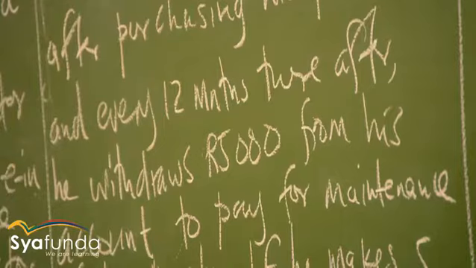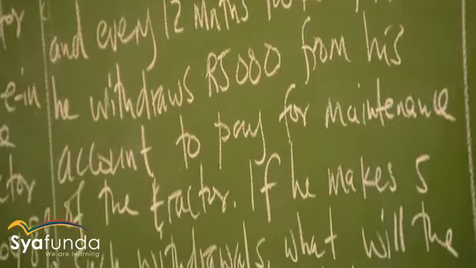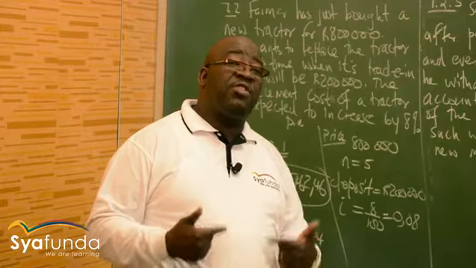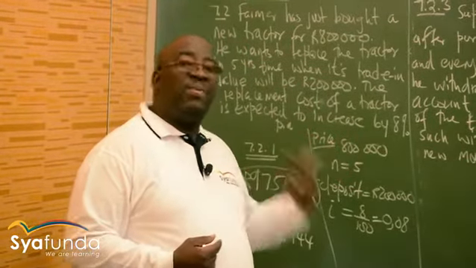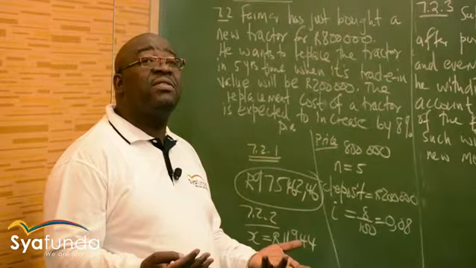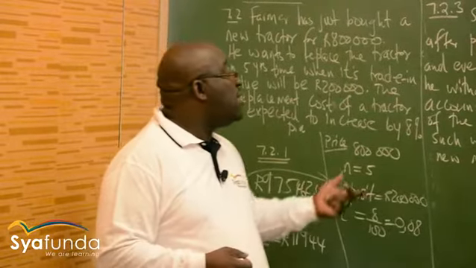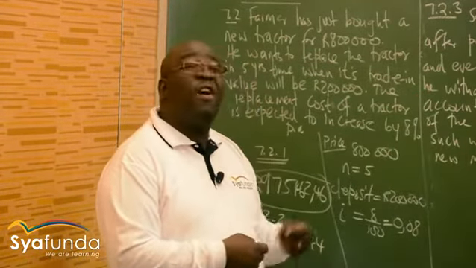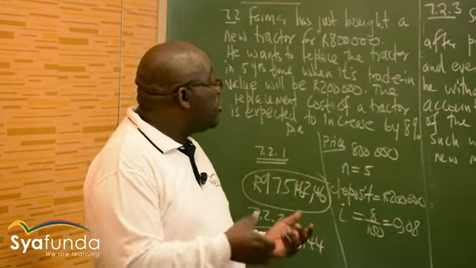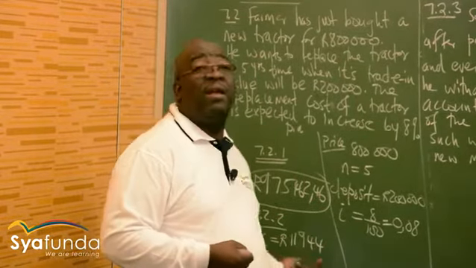He withdraws 5,000 from this account to pay for maintenance. As he is using this tractor, he needs to maintain it. Things like service and spares for this tractor. So he uses an amount of 5,000 every year for maintaining this tractor. He withdraws it from the account that he's paying.